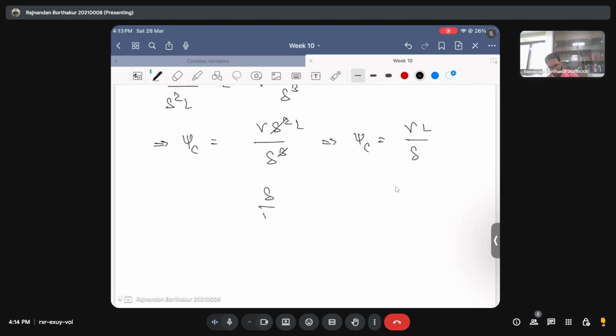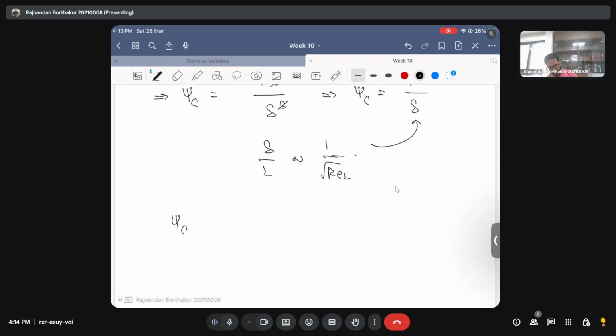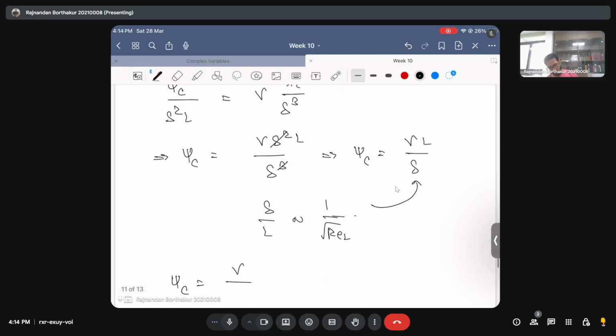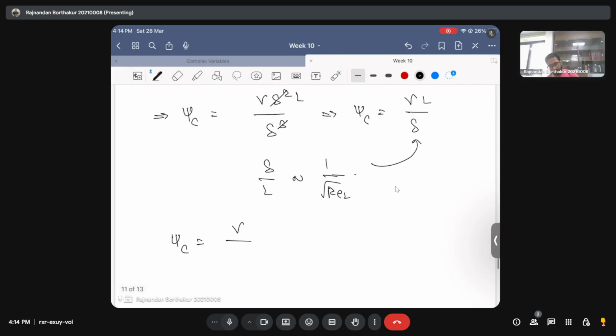I know that delta by L scales as 1 by square root of Re_L. This is known, and I'll just substitute it here. So your psi c can then be written in terms of the Reynolds number. L by delta is going to be equal to just square root of Re_L, so psi c is nu times square root of Re_L.